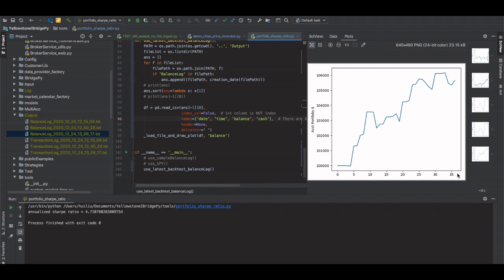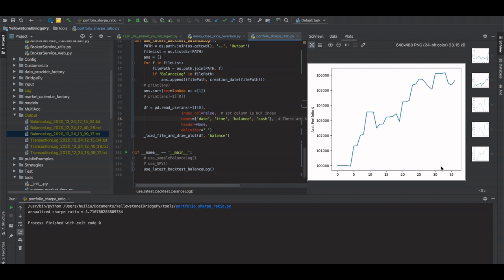The x-axis is the date, though this chart didn't display the date because it would be too crowded. And the y-axis is the account portfolio in dollars. As a default value, the IBridgePy backtesting starts from $100,000 in the account, and it goes as transactions happen. You can see it goes up.